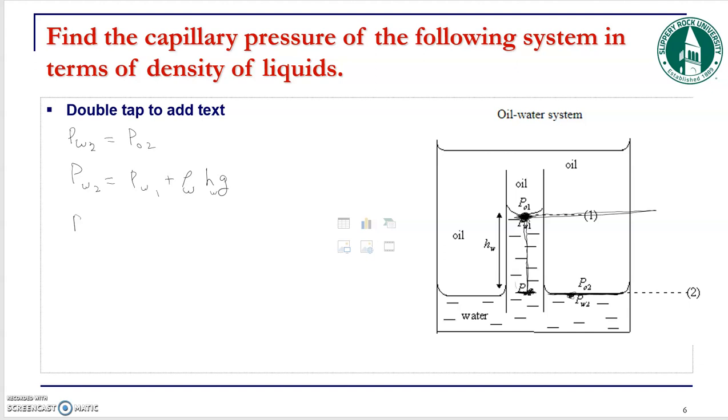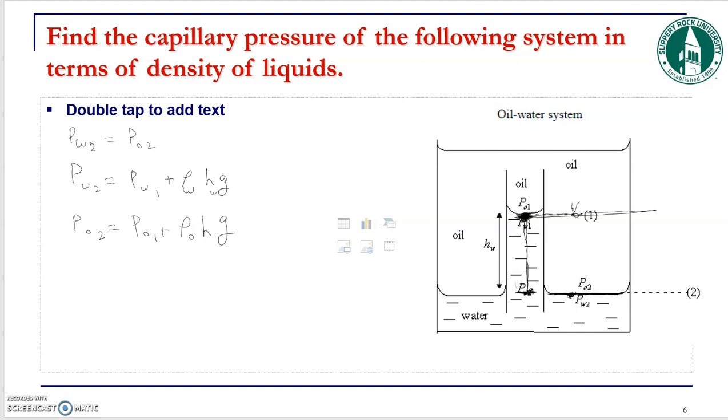Another equation we can write is PO2 is equal to PO1 plus rho oil H G. So PO2 again is the pressure at the oil phase plus whatever height. The pressure at this point and the pressure at this point are equal. This is in oil phase, this is in oil phase, and they are hydraulically connected at the same height. So this pressure is equal to PO1.